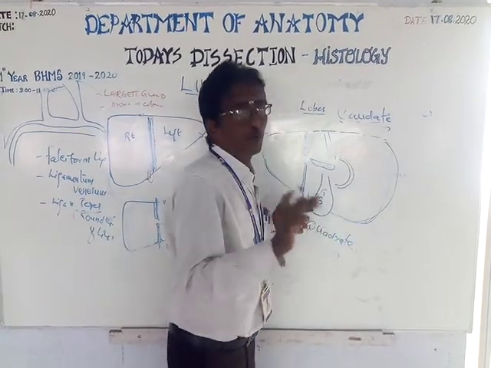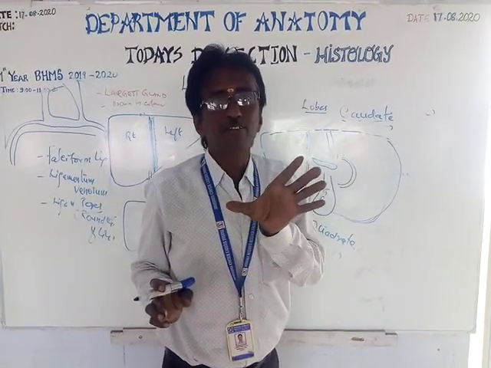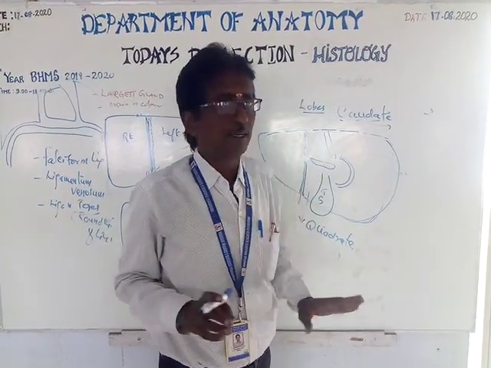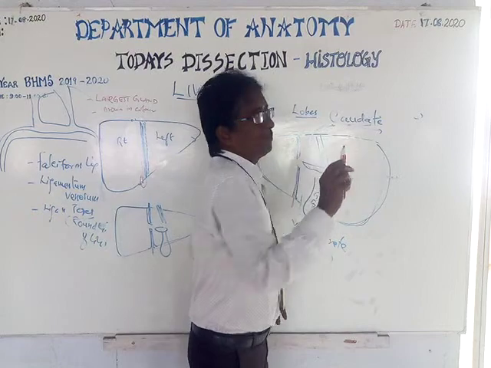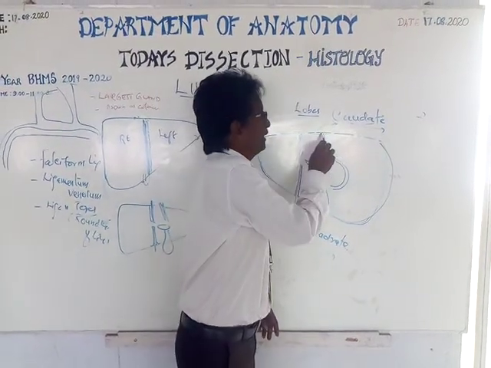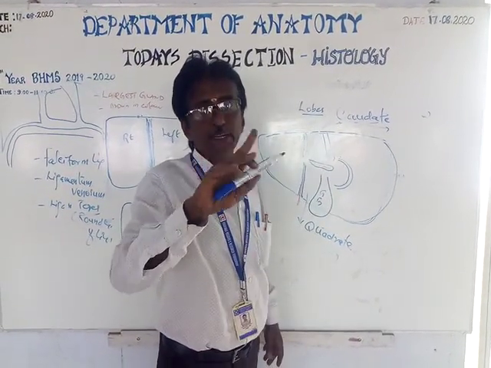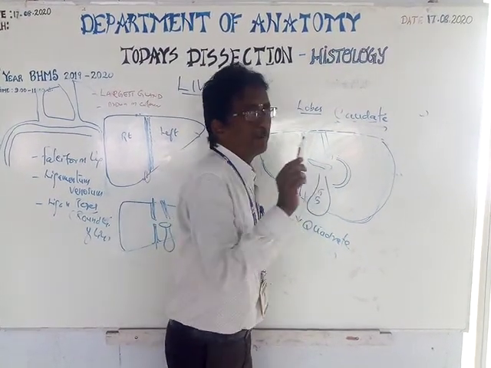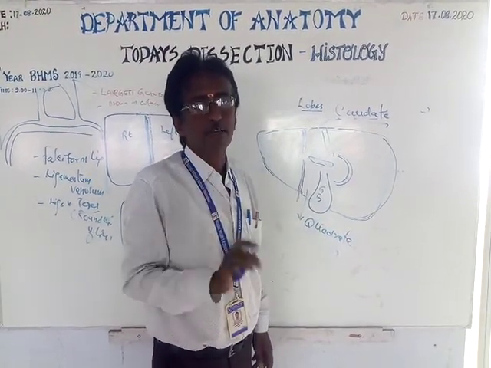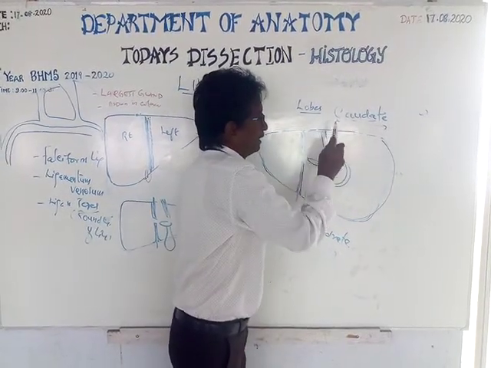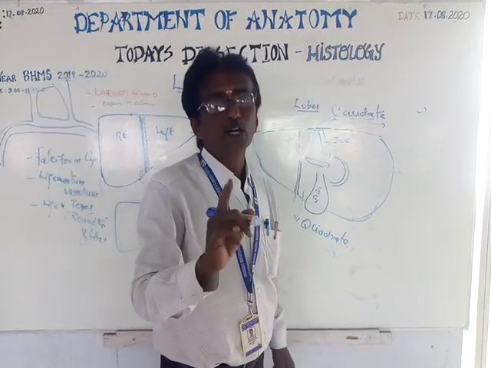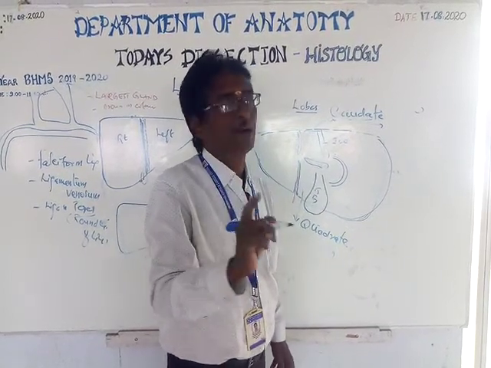Now we are going to discuss the caudate and quadrate lobe. What are the boundaries of the caudate lobe? Superiorly by the superior border, inferiorly by porta hepatis, otherwise called hilum of liver, and on the right by the groove for inferior vena cava.